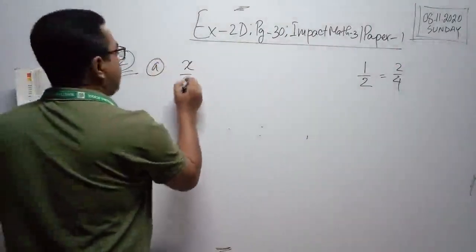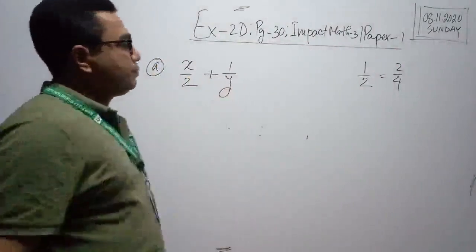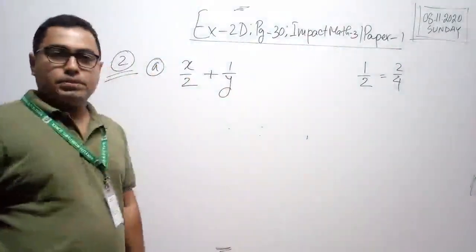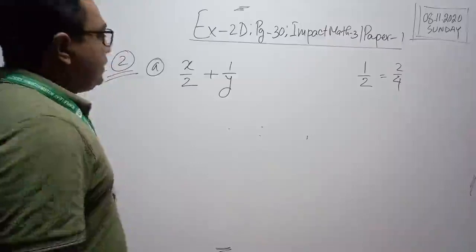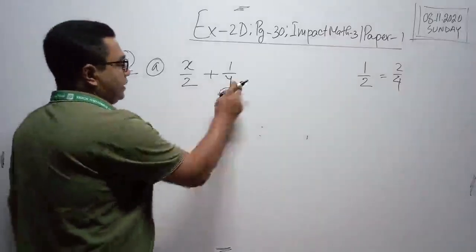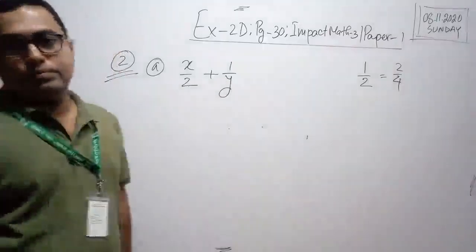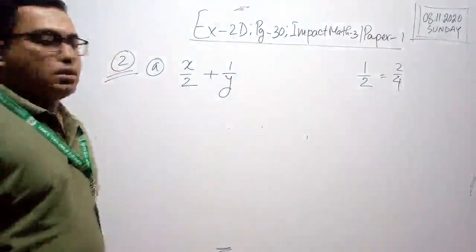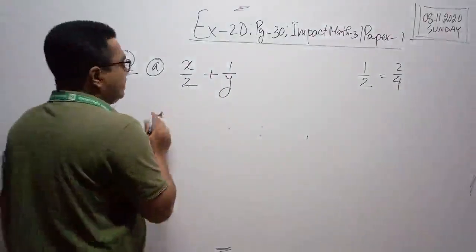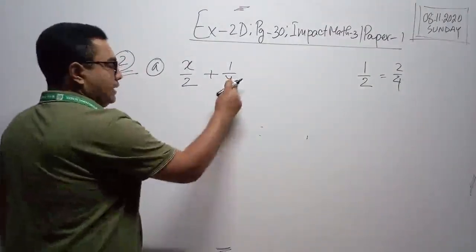1a, x by 2 plus 1 by y. According to the example, first of all, you will make this an equal denominator. That is why you will use equivalent fractions. Here you have y.